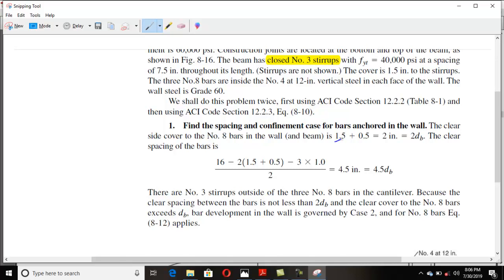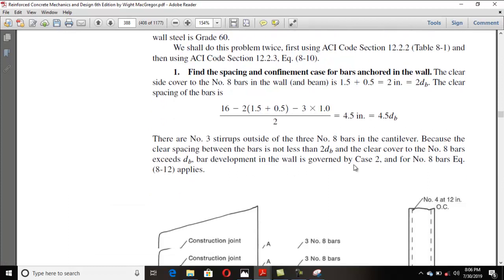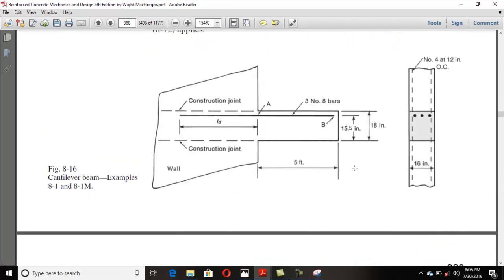I will consider that 1.5 is up to the face of the main bar and 0.5 is the diameter of the main steel. Actually, if you visit the beam section, this is the beam section.